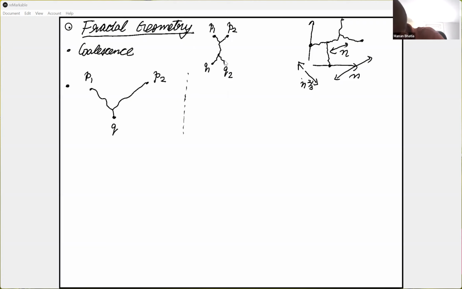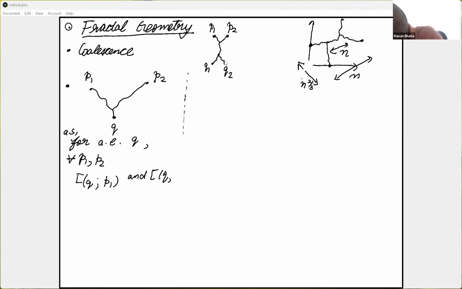So what am I saying? I'm saying that almost surely for almost every Q, if I took any geodesics to P1, P2, these geodesics, maybe I'll write gamma Q comma P1 and gamma Q comma P2, they share an initial segment.